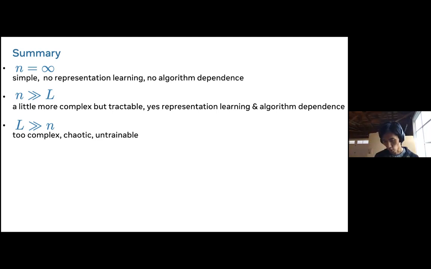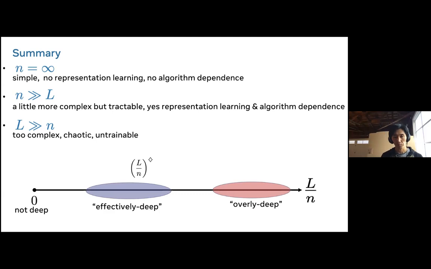But it also turns out that in practice, this is not the regime people can usually train the network in. So there's this emerging picture where on the axis you have depth over width, and you have the infinite width limit here, which is not deep in terms of representation learning and so on. And you crank it up.